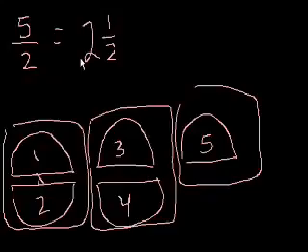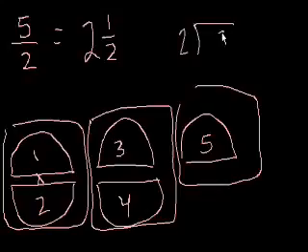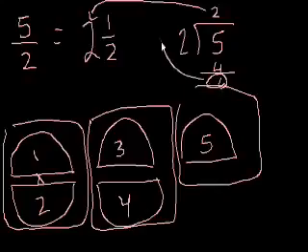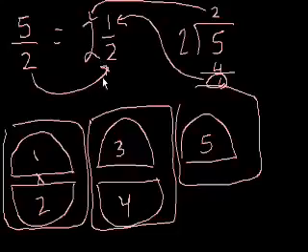And if we wanted to do this the systematic way, we could have said 2 goes into 5. Well, 2 goes into 5 2 times, and that 2 is right here. And then 2 times 2 is 4. 5 minus 4 is 1, so the remainder is 1, and that's what we use here. And of course we keep the denominator the same. So 5 halves equals 2 and 1/2.